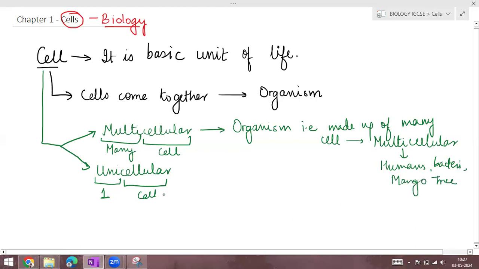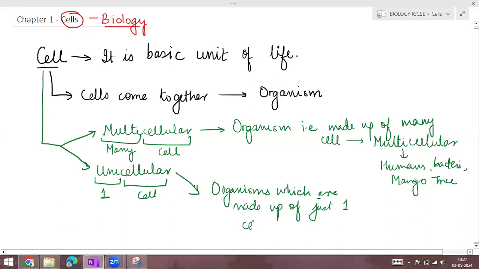And when we are talking about unicellular, obviously, as the name suggests, the organisms which are made up of just one cell are known as unicellular, and the example is bacteria. Okay, so this is the major thing. Then there comes one more, which we won't be discussing right now: acellular.